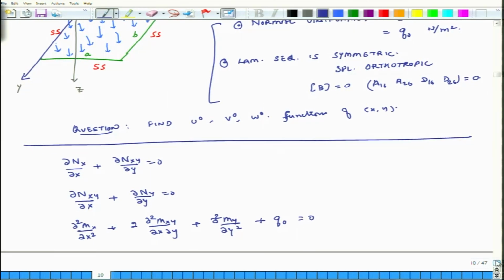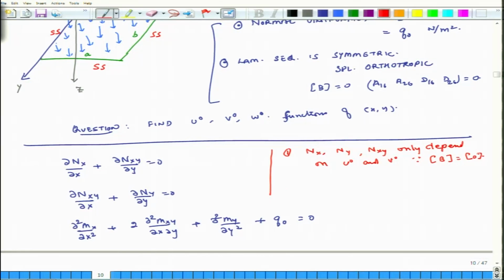Now, when we look at these equations, we make the following observations. One, Nx, Ny, Nxy only depend on u naught and v naught, because the B matrix is 0.